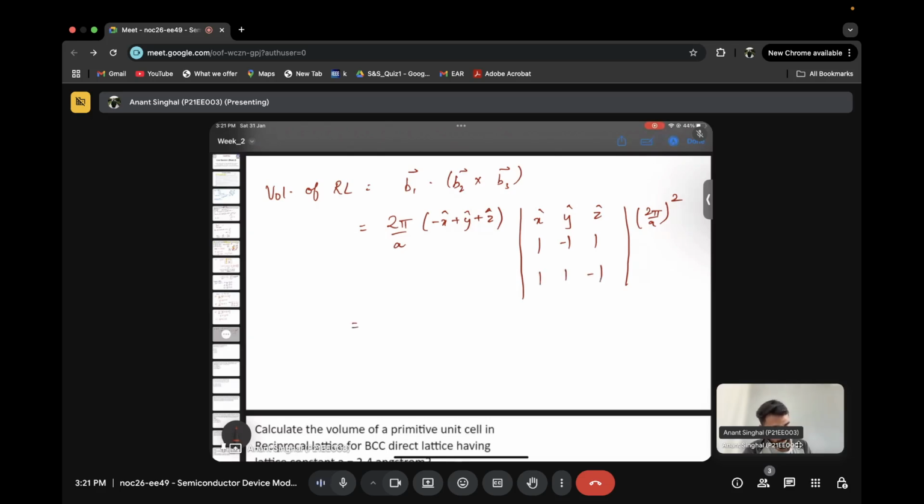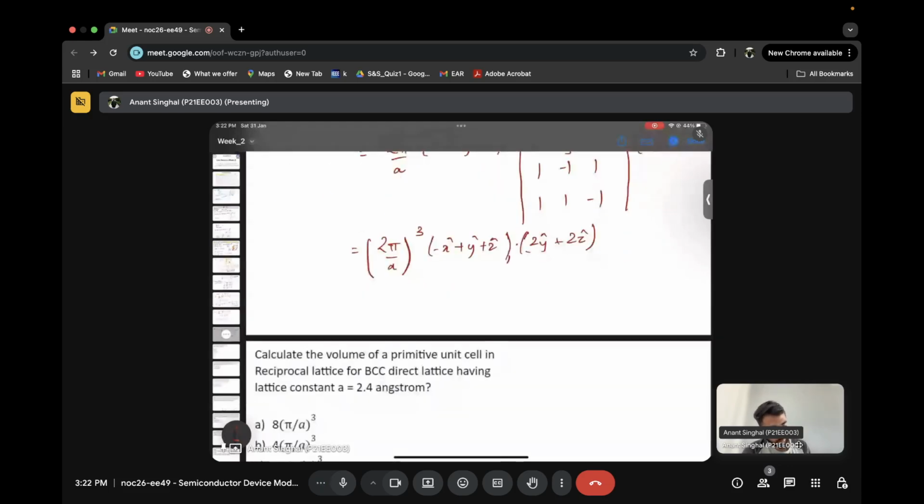So this thing would become 2 pi by a cube times (minus x plus y plus z) dotted with this, where x would be 1 minus 1, so 0; y would be minus y, so it will be plus 2y; and for z it would be plus 2z. I need to see if I have done it correctly.